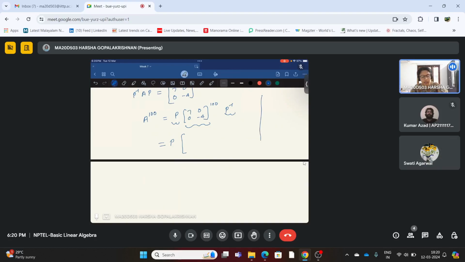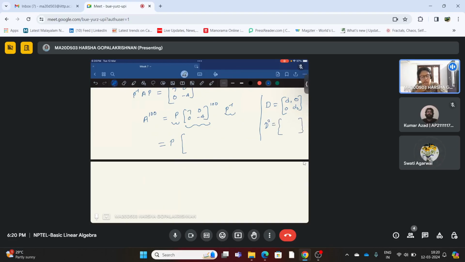What is the rule for a diagonal matrix? How will we do the powers if D is a diagonal matrix? You can just check what is D square.